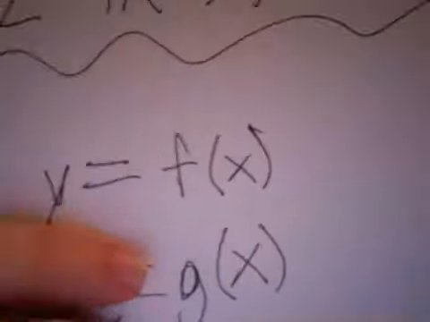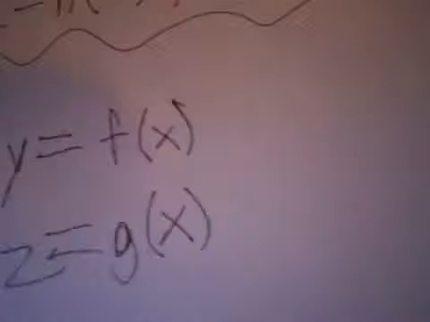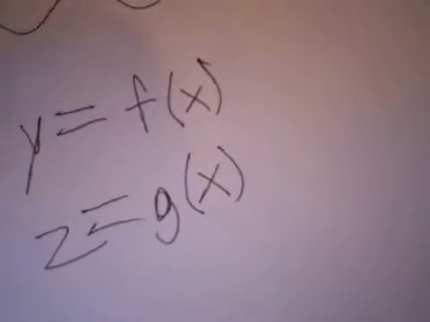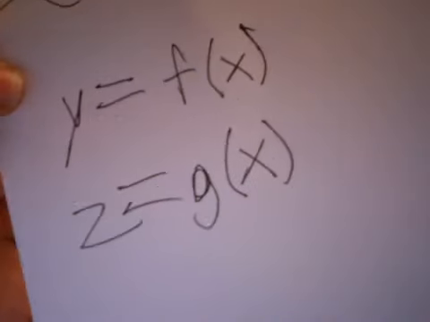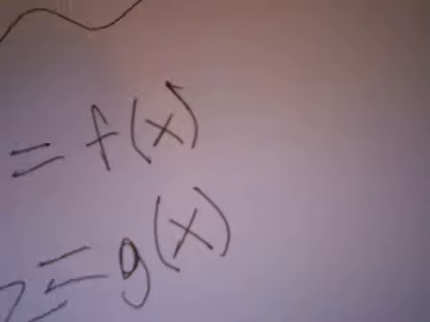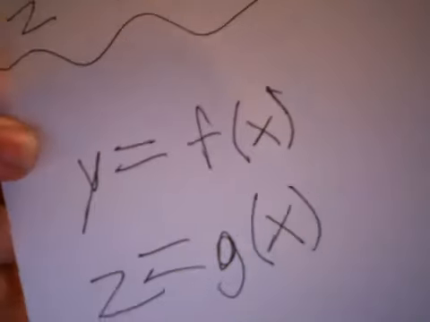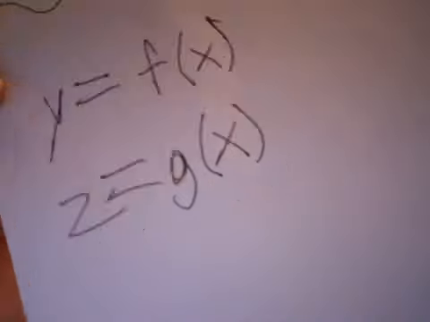So a space curve in Cartesian form is just going to be y equals f of x and z equals g of x. This will be some sort of space curve all along the x-axis. It can go anywhere in the y and z axis, but it's always going to go along the x-axis.